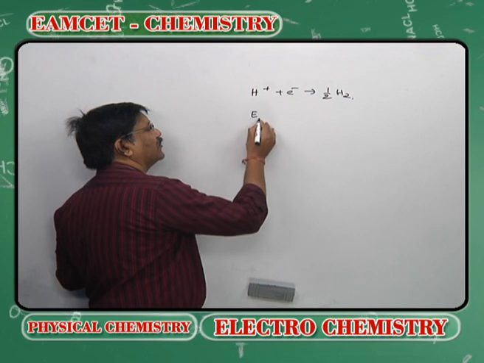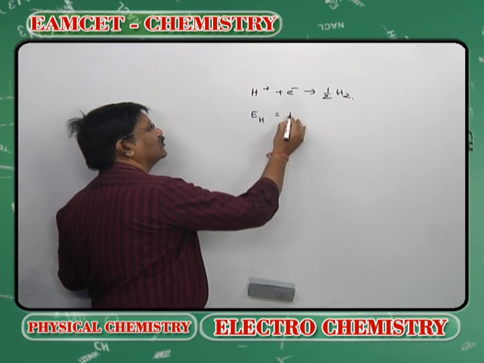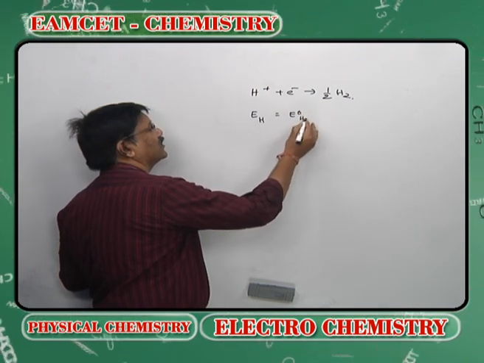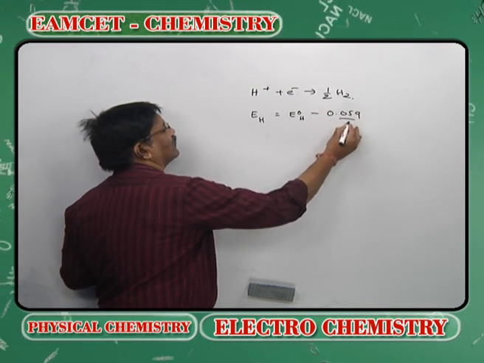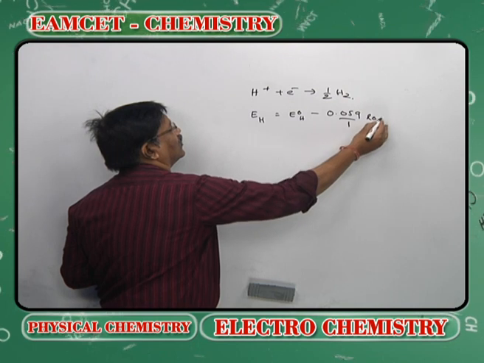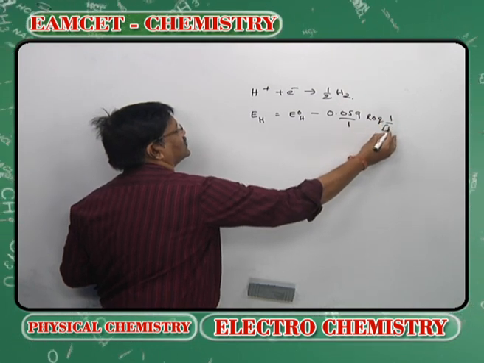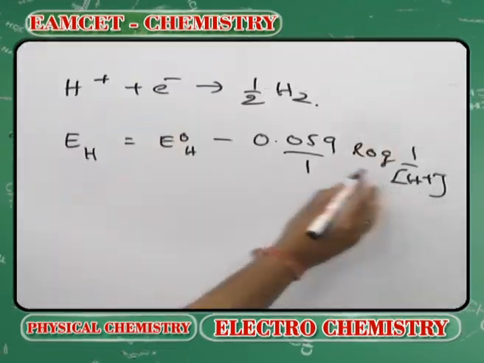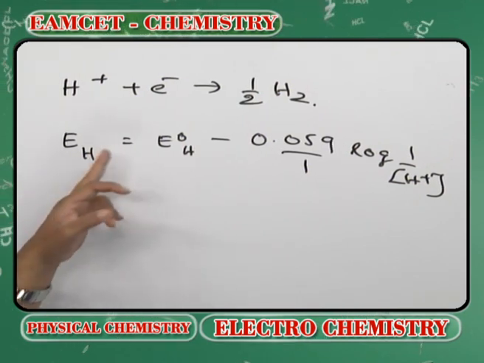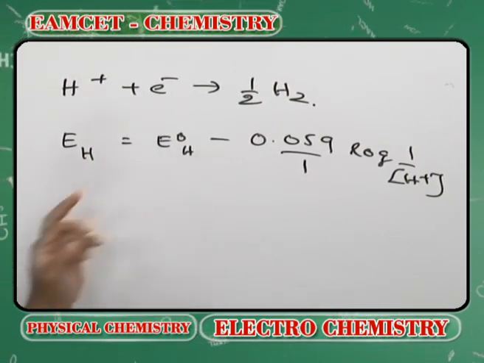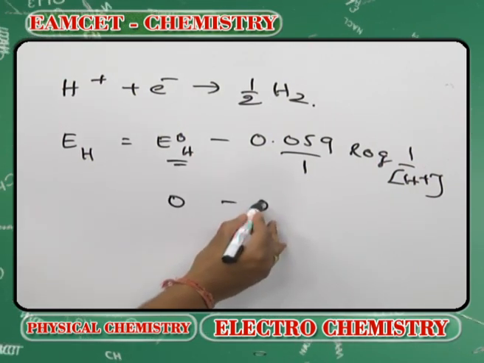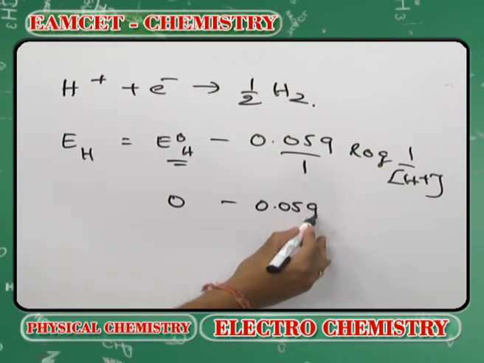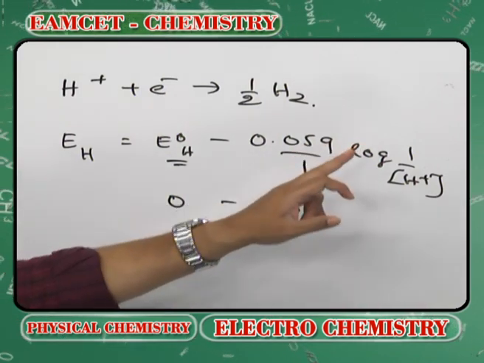E of the hydrogen electrode is equal to E naught of hydrogen minus 0.059 by 1 into log 1 by H plus. Since E naught of hydrogen is equal to 0, standard potential is taken as 0, minus 0.059. And what is log 1 by H plus?